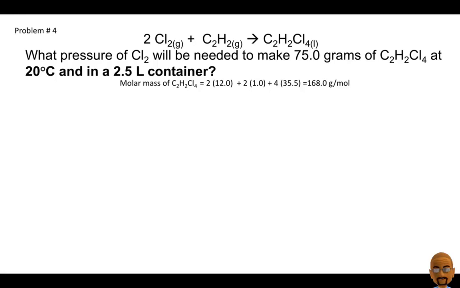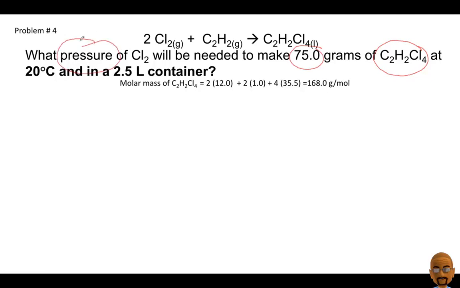Another problem. What pressure of Cl2 would be needed to make 75 grams of C2H2Cl4 at 20 degrees Celsius in a 2.5 liter container? So you see, what we're given is a mass of C2H2Cl4, and we have to go to a pressure.